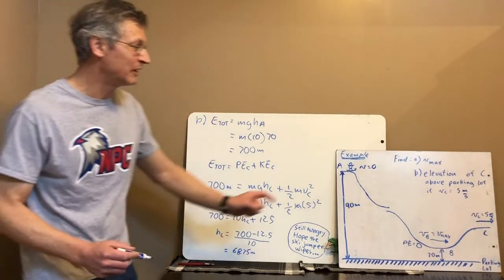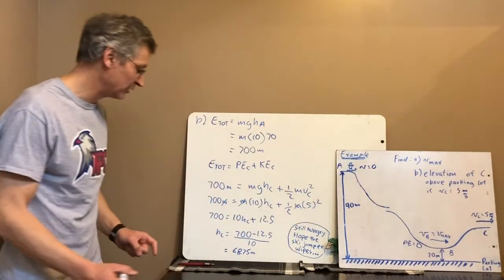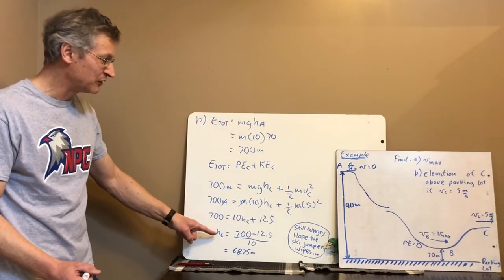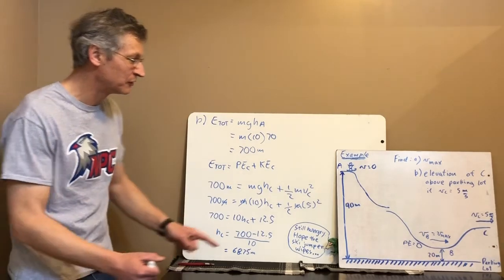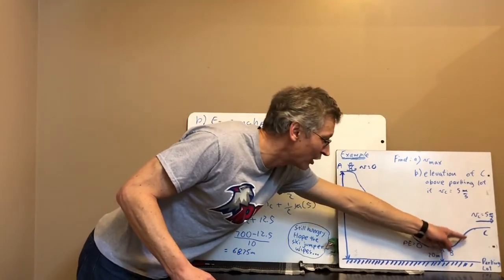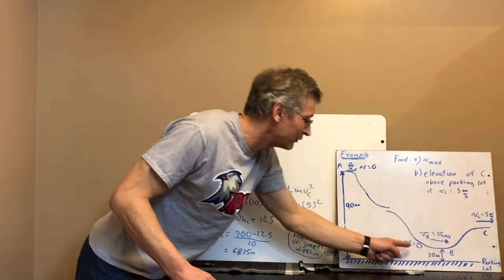Remember, we want the elevation of C above the parking lot. And this is hC. This is the height of C above our reference point for potential energy.